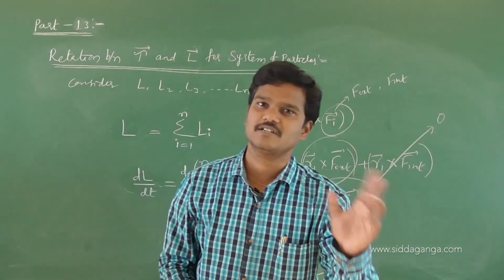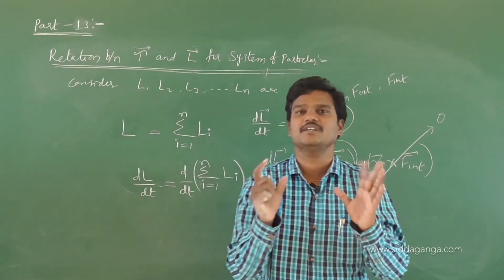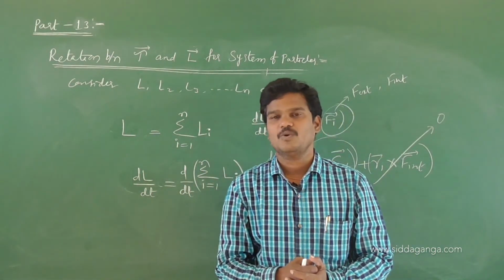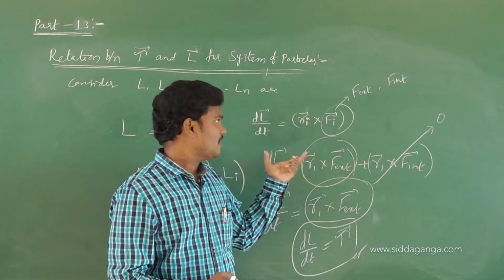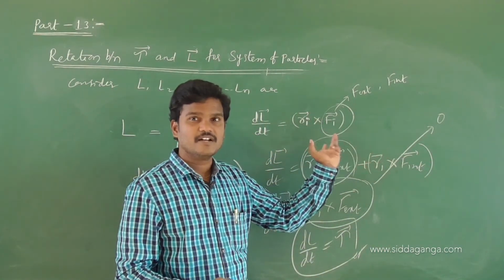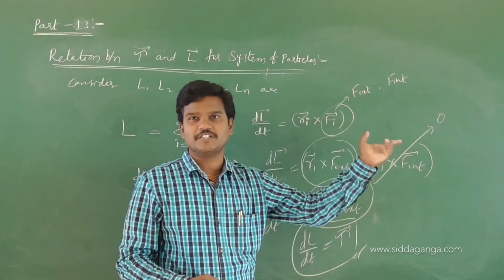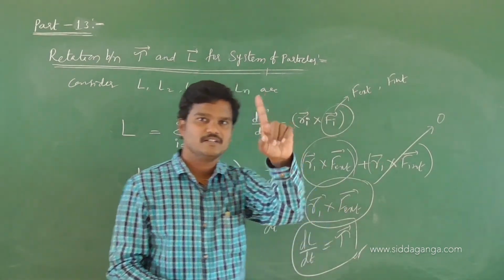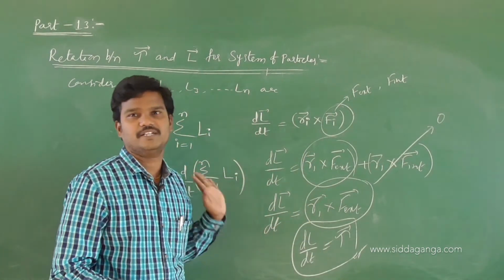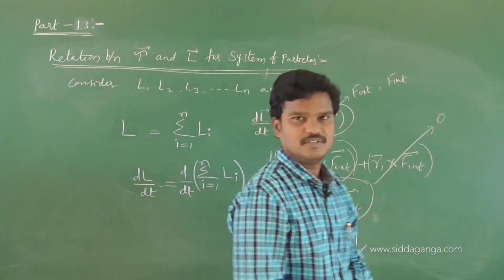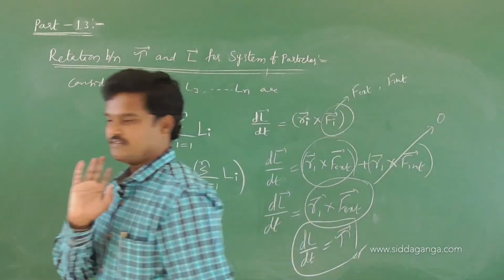Internal forces will cancel with each other because of action and reaction pairs. Only ri cross F external remains, which gives torque, which is equivalent to dL/dt. So leave this, just follow the previous derivation.